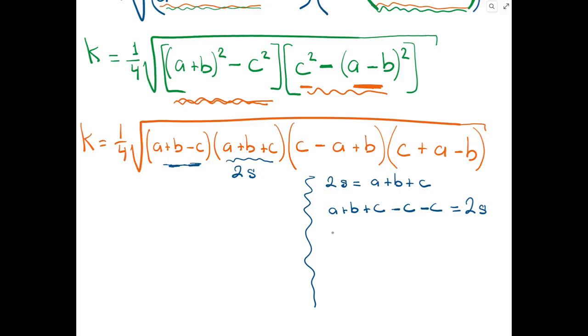But now I need to simplify that. So that will be A plus B plus C minus 2 of those, so minus 2C, and that will be equal to my 2S there. So again, this one is going to be A plus B plus C minus 2C, which is going to become 2S, right?